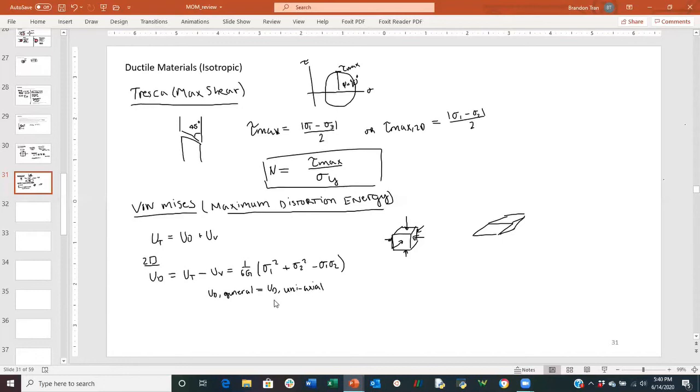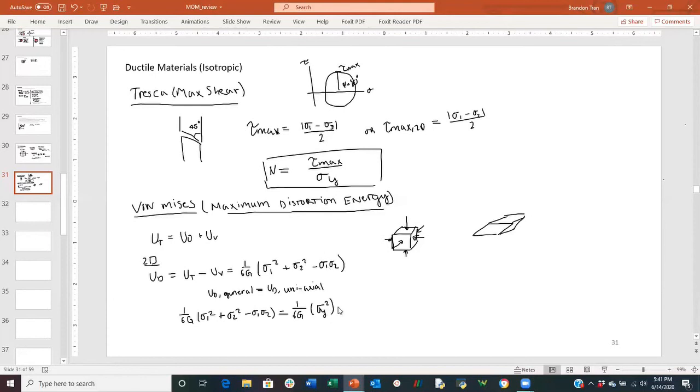That whole thing would be written out as 1 over 6 times the shear modulus times sigma 1 squared plus sigma 2 squared minus sigma 1 times sigma 2, equaling 1 over 6 times the shear modulus times the yield strength squared for the uniaxial test, where the other terms go to 0.